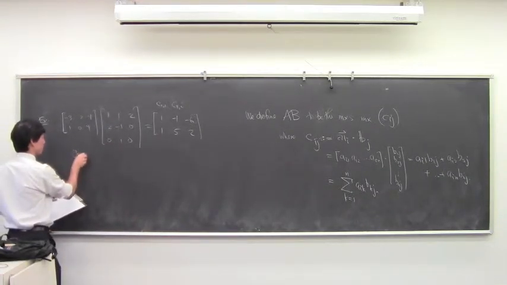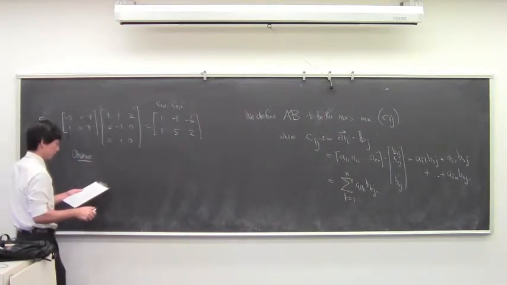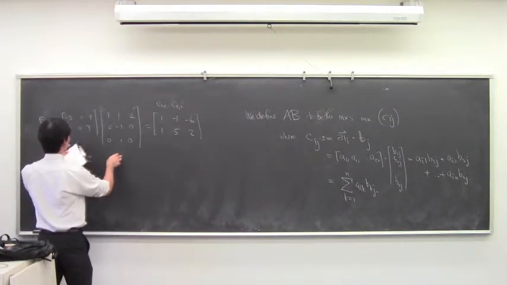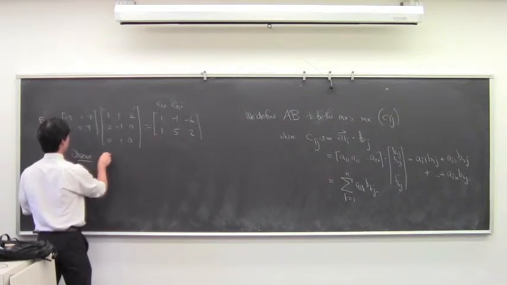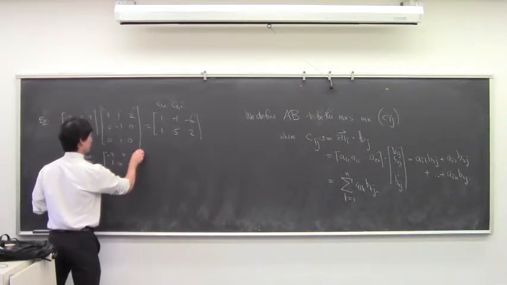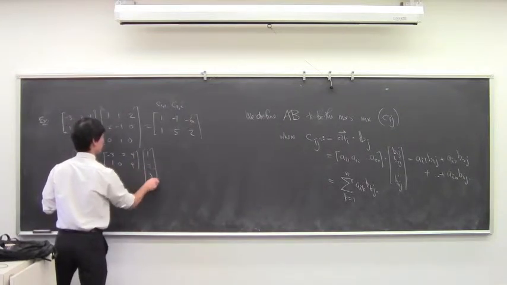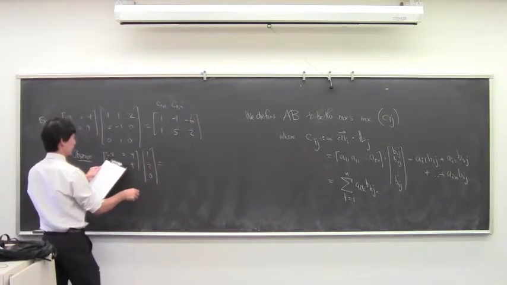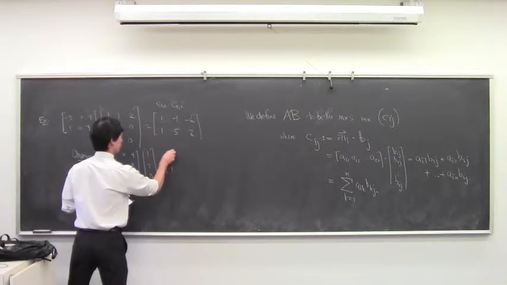Let's make one small observation. If we look at the matrix 3, 2, 4, 1, 0, 4 against the first row, first column, we're going to get 1, 1.